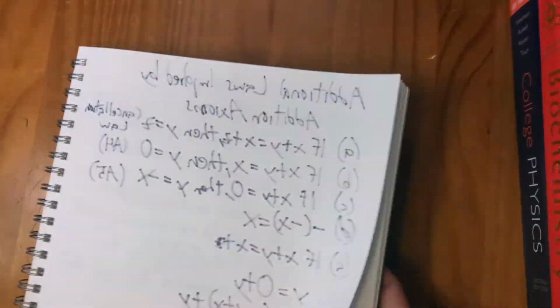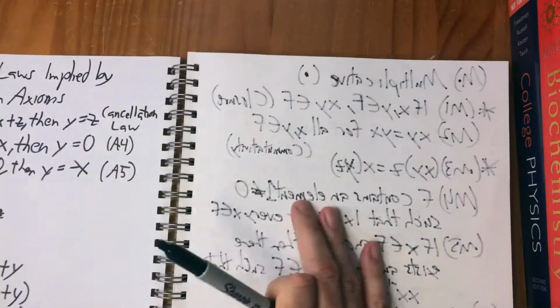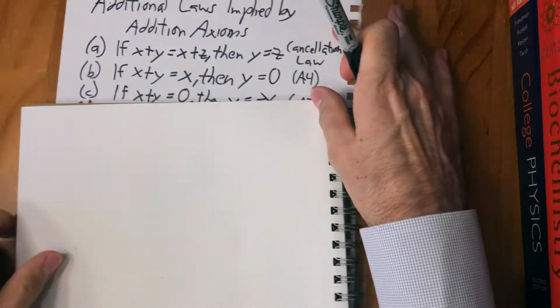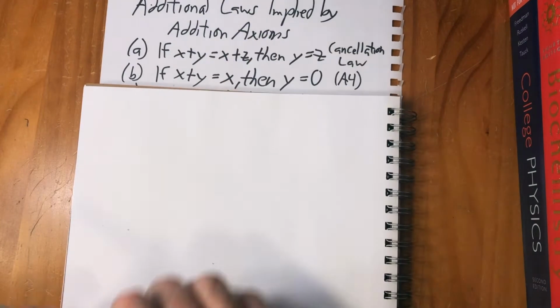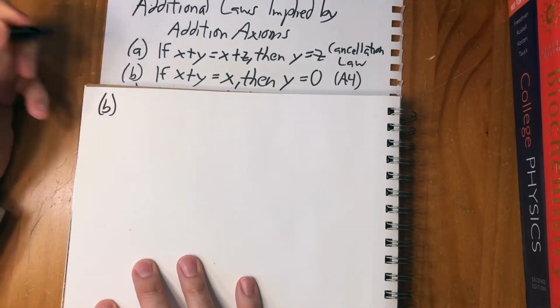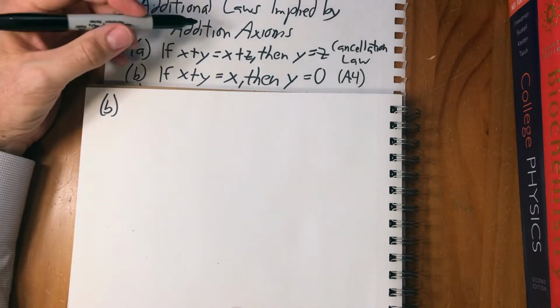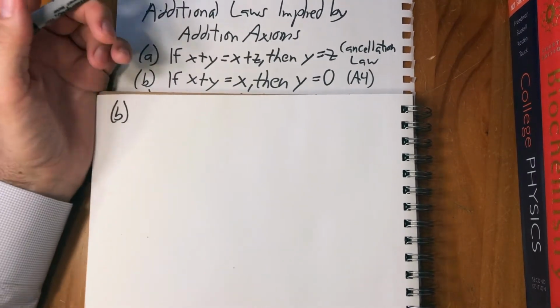So for B, I'm going to rip out this page so we can refer to it. B is that if we have x plus y equals x, then y is 0.